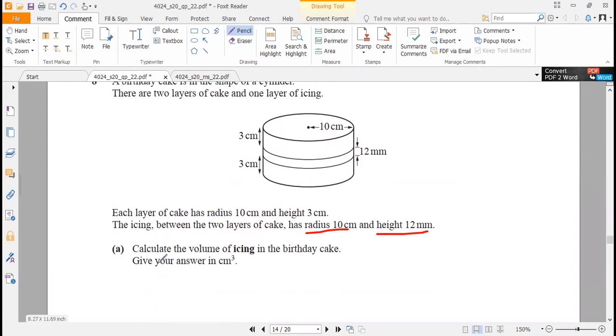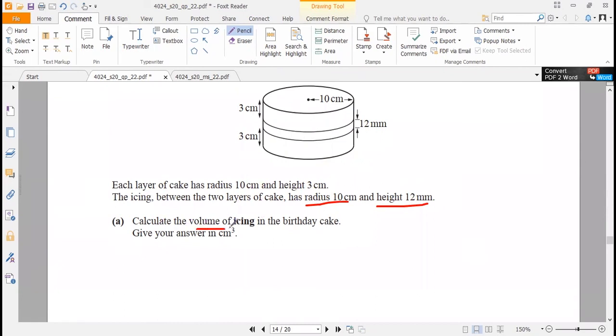Okay. Now come to the part A. Calculate the volume of icing. Okay, so this is a small cylinder, and the formula for the cylinder is volume equals pi r square into h. So pi, what is the value of h over here? This is 12 millimeter, and we need to convert into the centimeter as we need the answer in centimeter cube. So 12 will be divided by 10, it will become 1.2 centimeter.